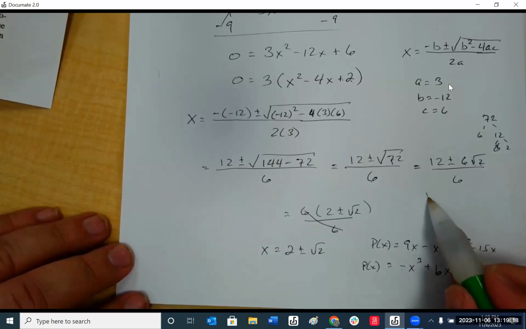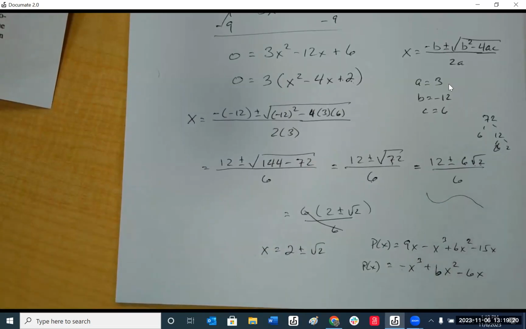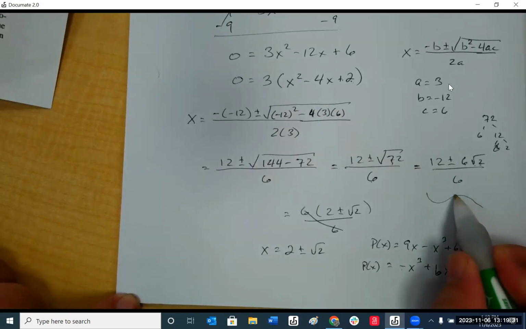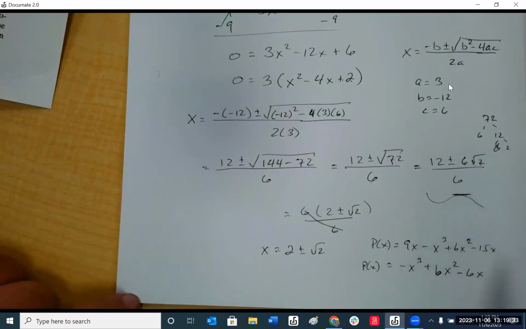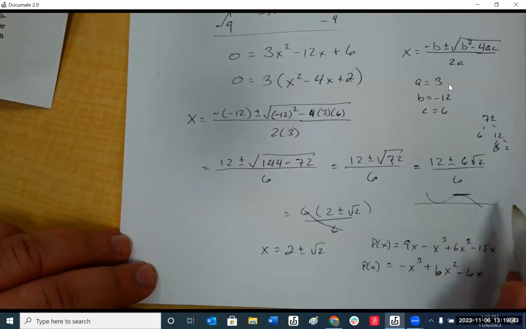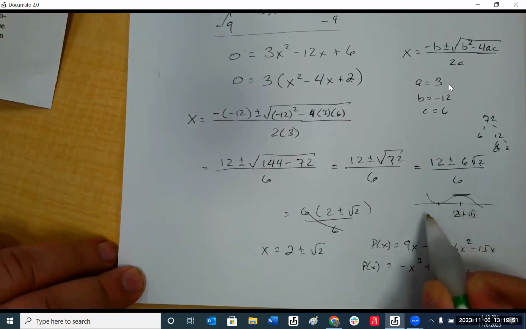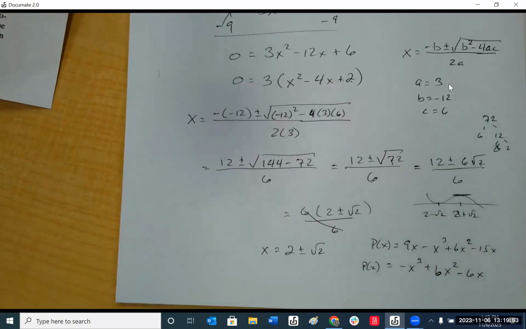Because it's a negative, we know it's a decreasing function. So the maximum will occur here. And that will be, this is the 2 plus radical 2. This is 2 minus radical 2.